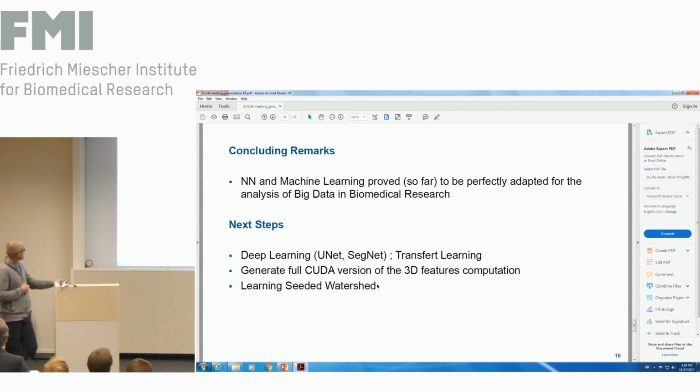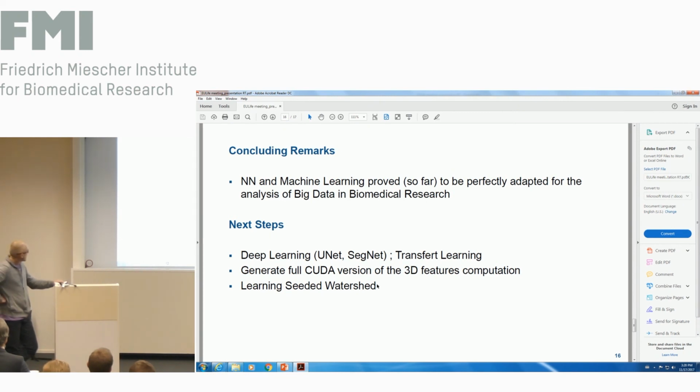The next steps are that we will have a look at deep learning, UNet especially, but also the possibility of using transfer learning, because you get rid of the burden of getting your ground truth. We'll also have a look at the full CUDA versions of our 3D features that should further speed up the calculations.